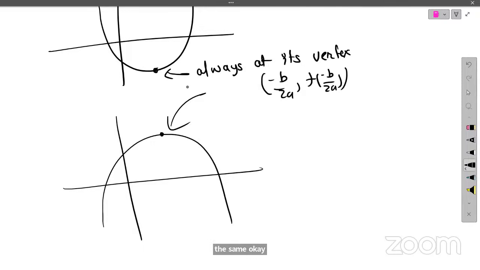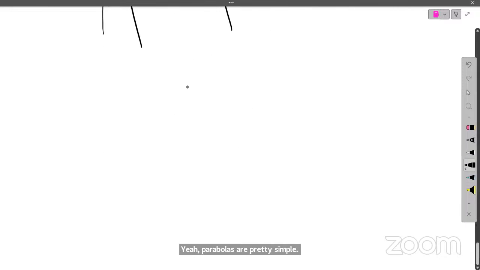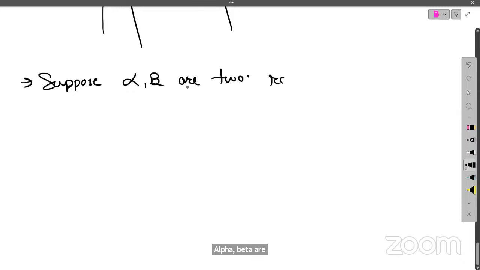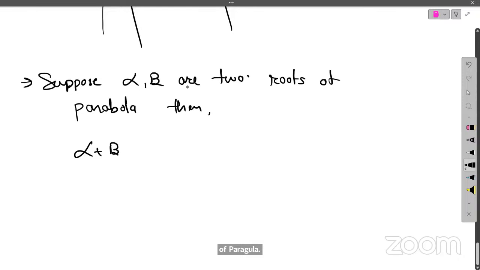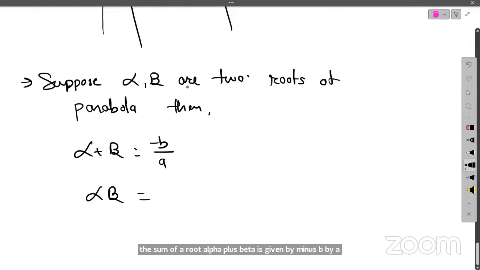Anything else? Yeah, parabolas are pretty simple to judge. Yeah, the sum of the roots and the product of the roots. Suppose alpha comma beta are the two roots of the parabola. Then the sum of the roots, alpha plus beta, is given by minus b by a, and the product of the roots is given by c by a.